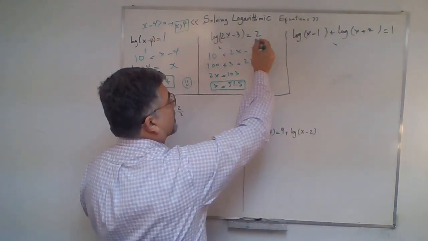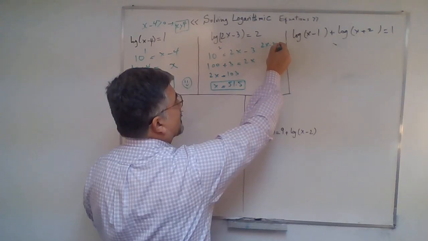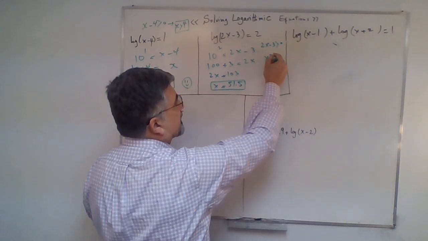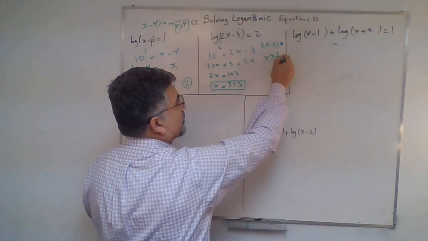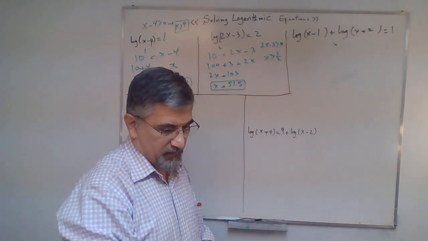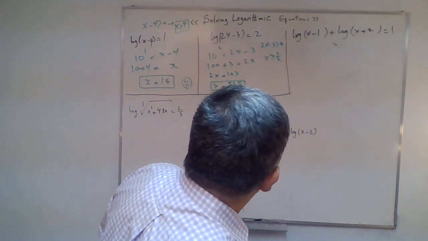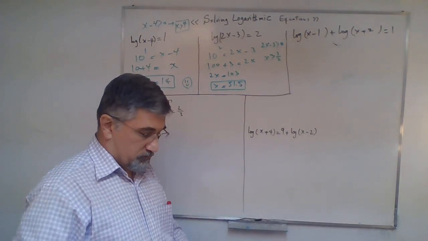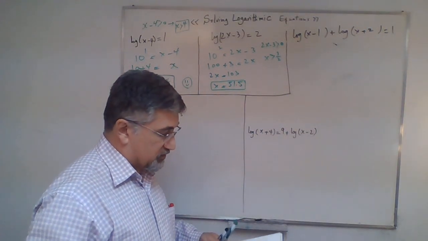And we know that 2x minus 3 has to be positive, meaning that x has to be greater than 3 over 2. And of course, 51.5 is way greater than 3 over 2. So that is an admissible solution.